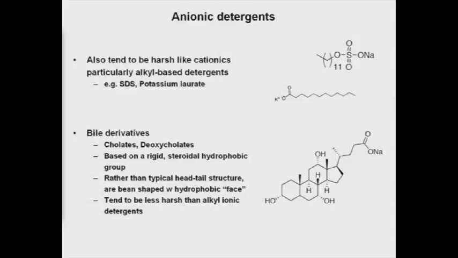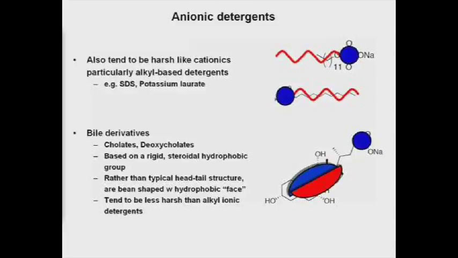There are a class of anionic detergents, though, which are based on the steroidal structure of bile acids and their derivatives. So this is the steroidal structure of bile acids here, and we have a head group shown up on the top right-hand side here. These detergents tend to form a really weird structure, so they don't have this characteristic hydrophilic head and hydrophobic tail.